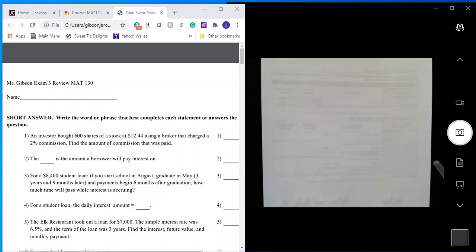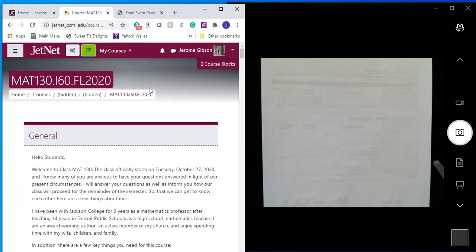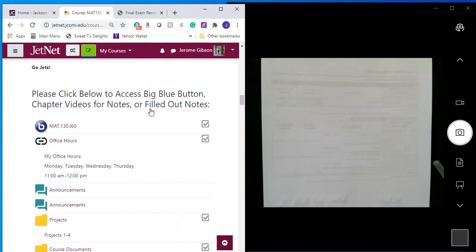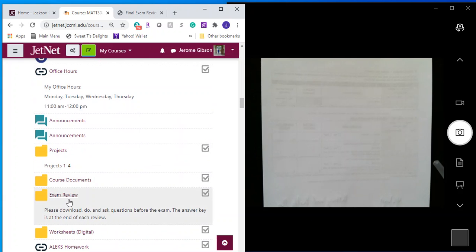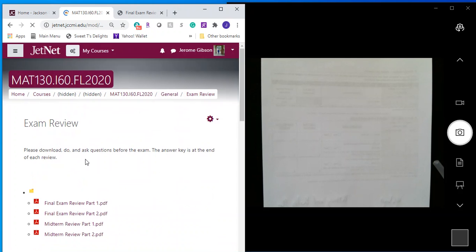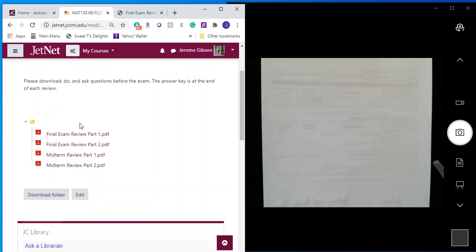So in order to get to your final exam review, of course, you go to JetNet here and you go down until you get to the exam review and click on it. And then on the exam review, it has it here.